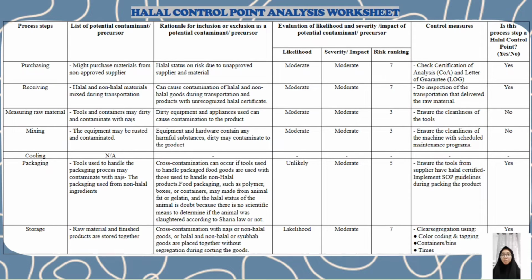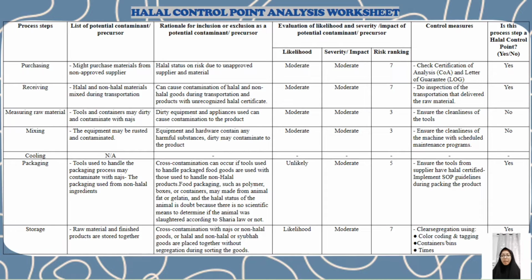Food packaging such as polymer, boxes, and containers may be made from animal fat or gelatin, and the halal status of the animal is in doubt, because there is no scientific means to determine if the animal was slaughtered according to Sharia law or not. So the purchaser and quality checker must ensure the tools from the supplier are halal certified and implement an SOP guideline during packing the product.